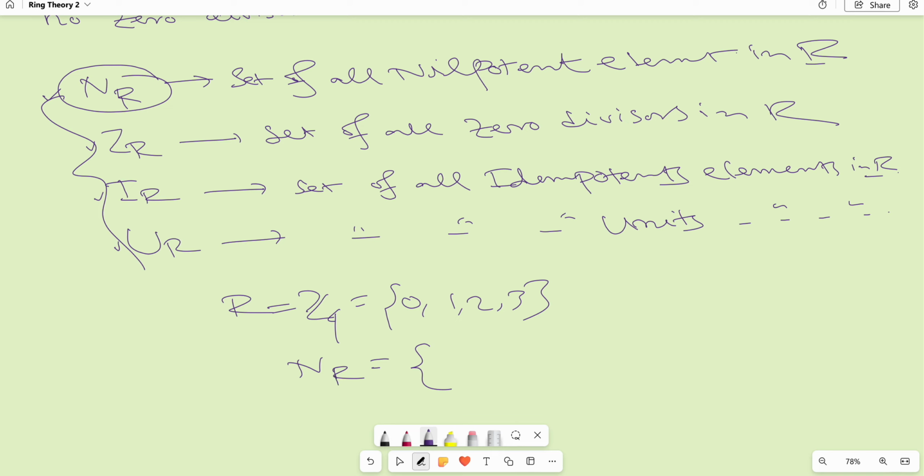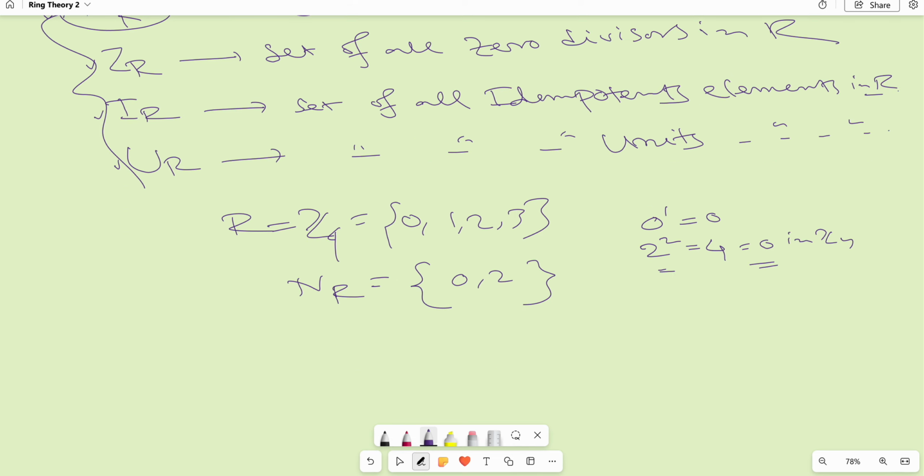R means Z4. So 0 and 2. 0 to the power 1 is 0, and 2 squared is 4, which is 0 in Z4, right? So 2 is also a nilpotent element, right?